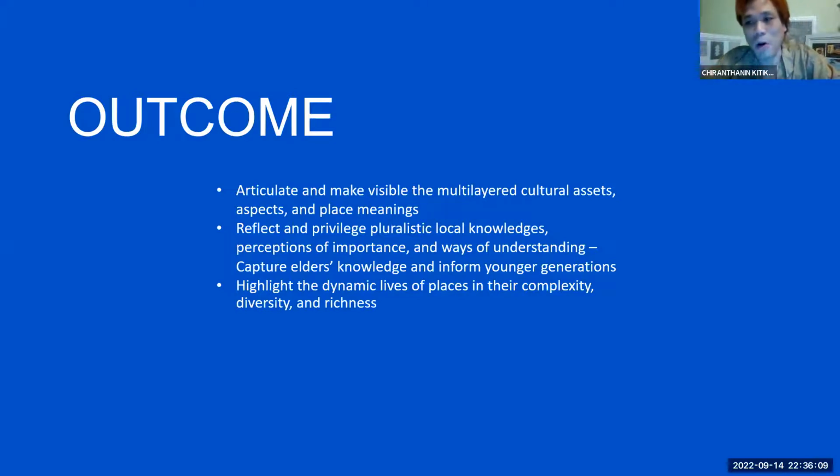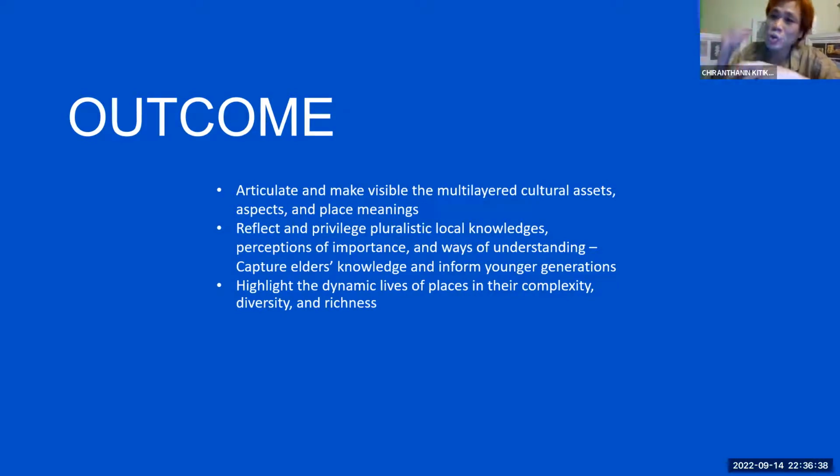So as an outcome of cultural mapping, you will articulate and make visible multi-layer cultural assets, right? You lay out many layers, and then you will find something that is visualized and articulated as an asset, and you will reflect the pluralistic data to the people.